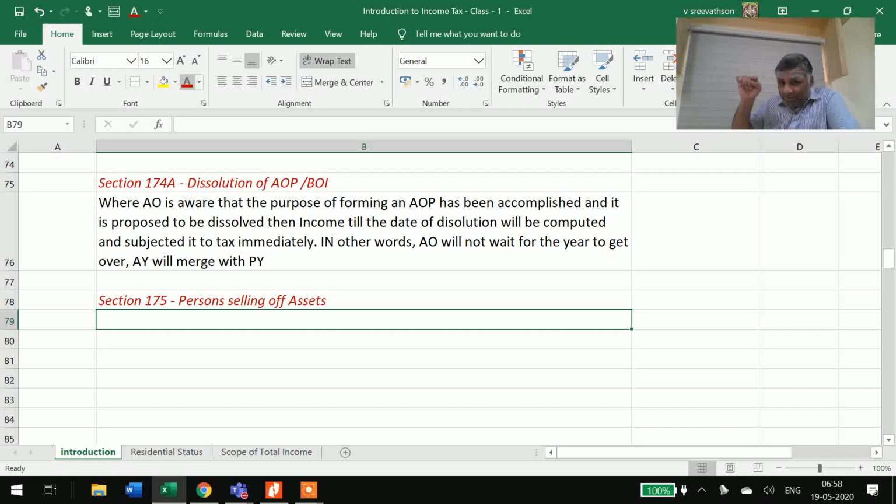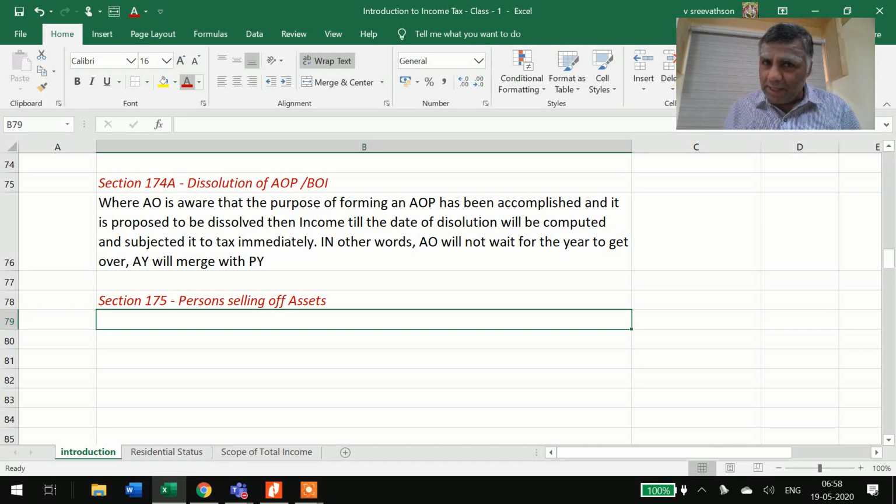Knowing that the income tax department will come and take over your asset, you are now trying to sell off your assets.